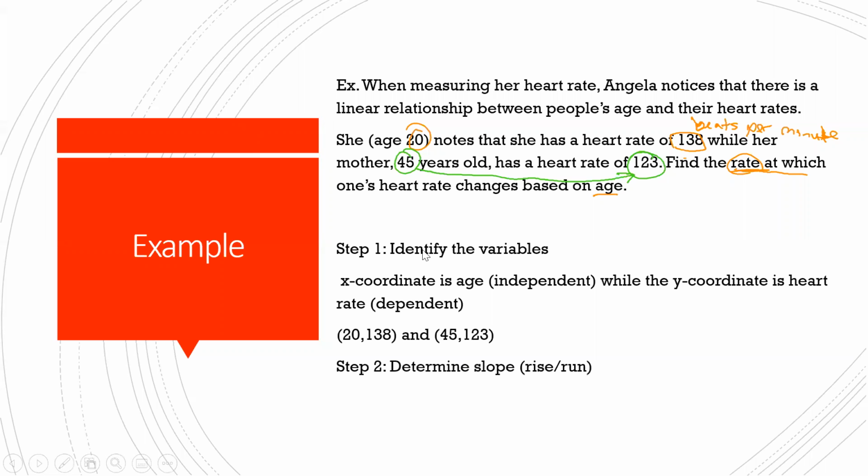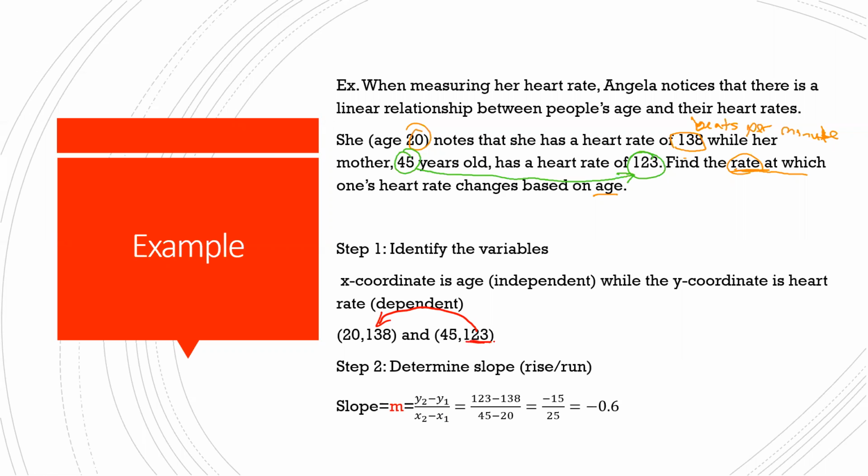All I have to do is calculate the slope, and I can do rise over run, or y2 minus y1 over x2 minus x1. I'm going to use the formula y2 minus y1 over x2 minus x1. And this ends up giving me 123 minus 138. So I take 123, I subtract off 138, and of course I have to be consistent.